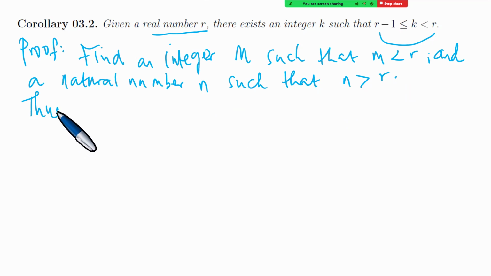Thus, m is smaller than r, but r is smaller than n.